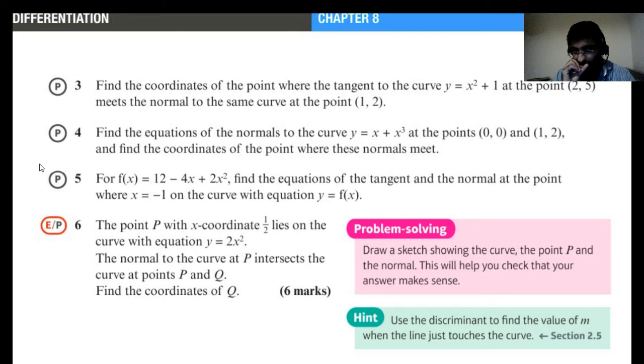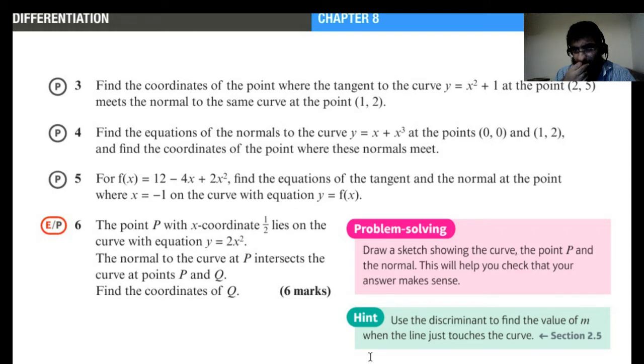So first f dash x is equal to 4x minus 4. Since x is minus 1, first I put x is minus 1 in the main equation f of x, correct?